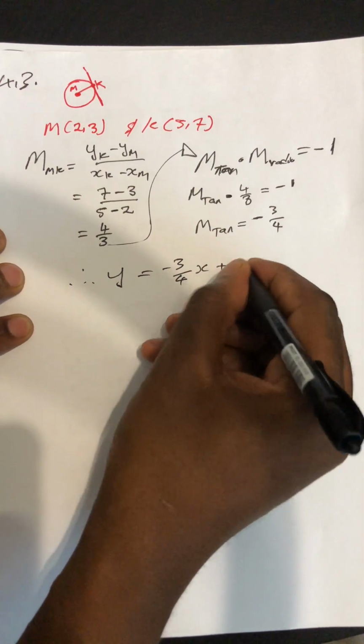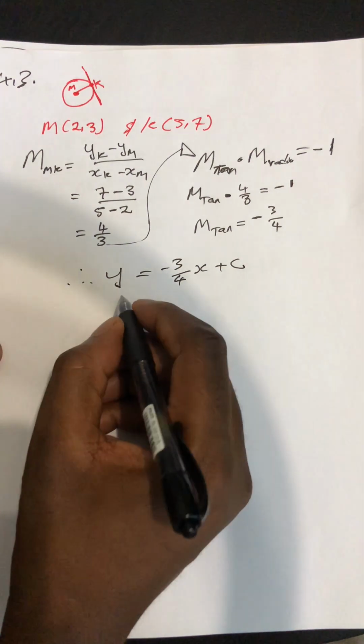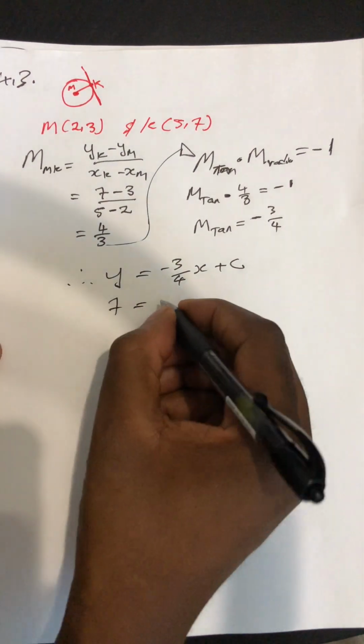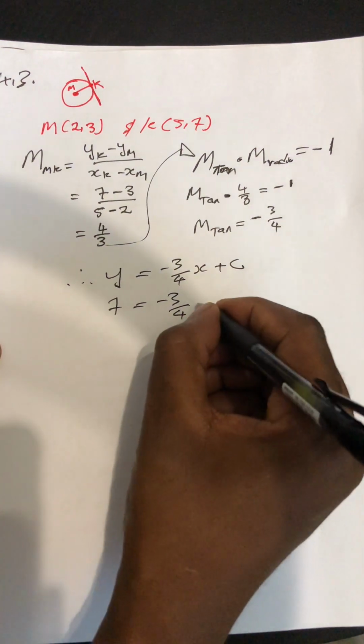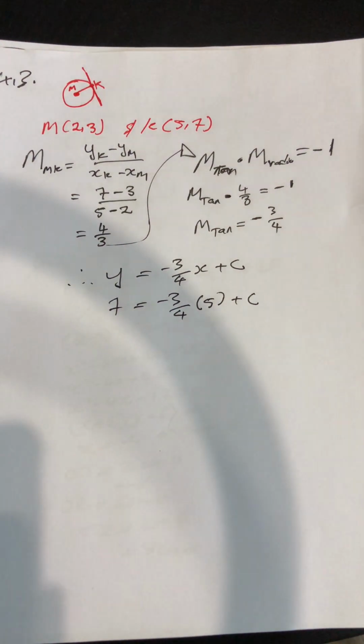So we have y = -3/4 x + c. If you look at a point on the tangent, we find that that point is point K, and we know the value of x and the value of y at that point. So let's replace x and y by those values to find the value of c. We replace y by 7 = -3/4 times x, where x is 5, plus c.